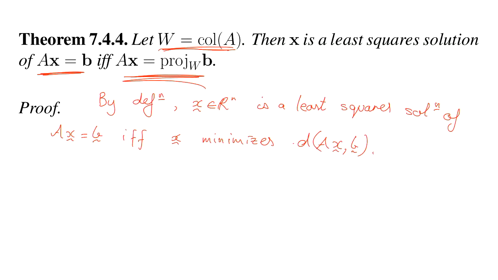Now, for any x in Rn, what do we know? We know Ax lives in the column space, which is what we're calling W. Okay? So no matter what x is, Ax always lives in the column space.